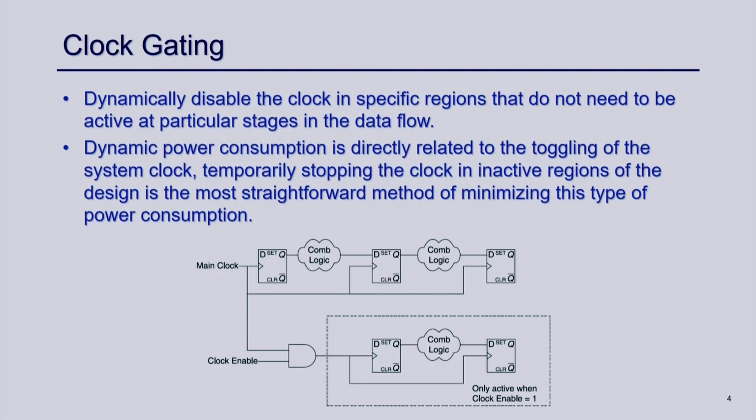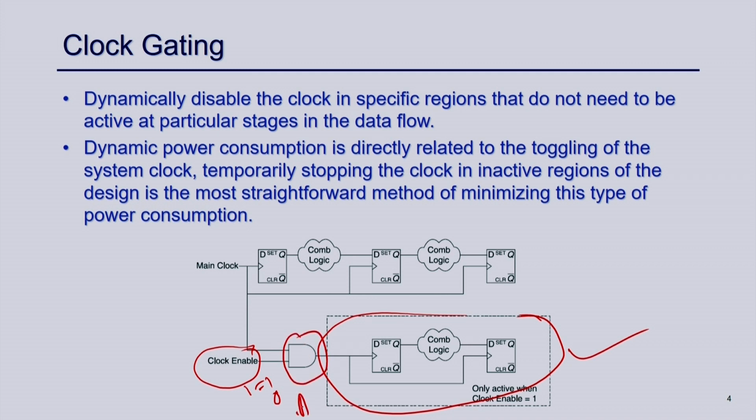This is given by this example. Suppose this is one circuit, and this is the part of the circuit which is not active in all the clocks. You can apply a clock enable: when it is 1, this part is active, and whenever it is 0, this part is not active. This is called clock gating, where the system clock or the main clock is gated with this enable signal and fed as the clock of this design.